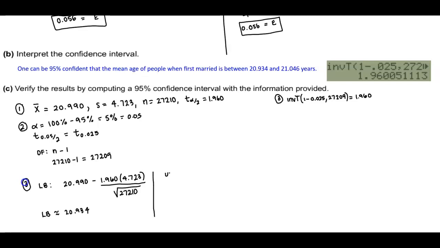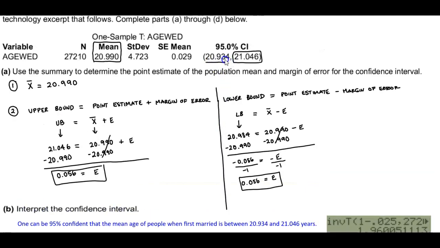For the upper bound, that's 20.990 plus 1.960 times 4.723 divided by the square root of 27,210. Therefore we get the upper bound to be 21.046. That verifies our confidence interval, 20.934 and 21.046.